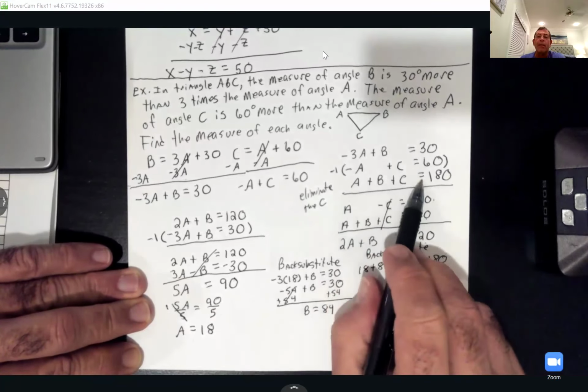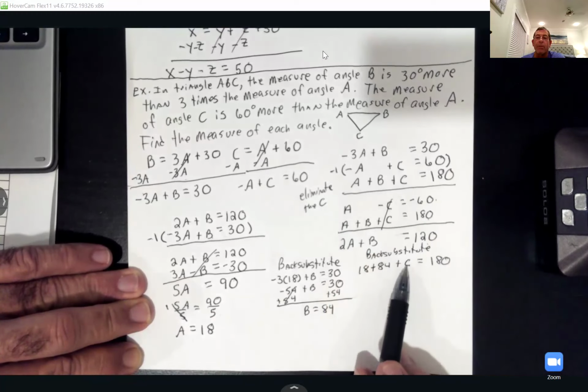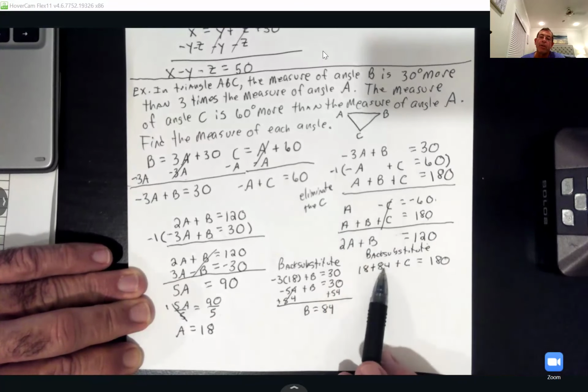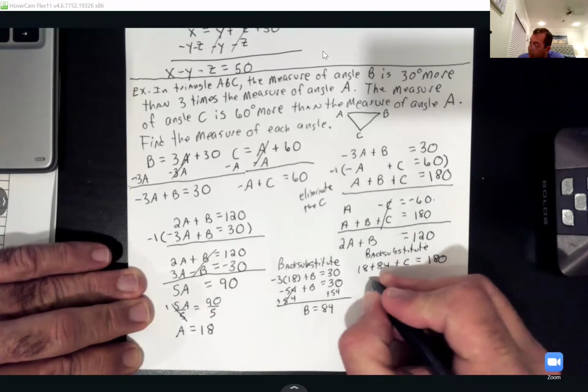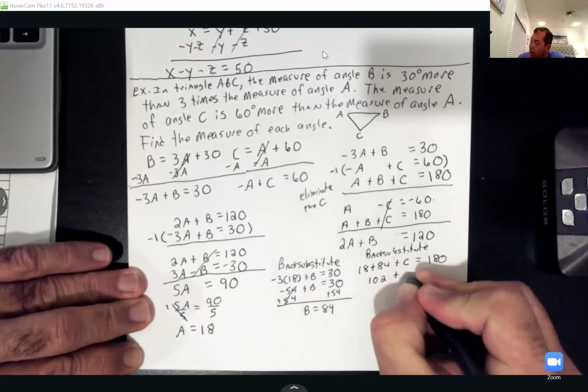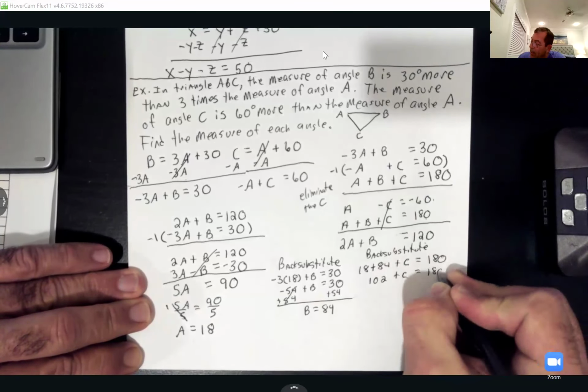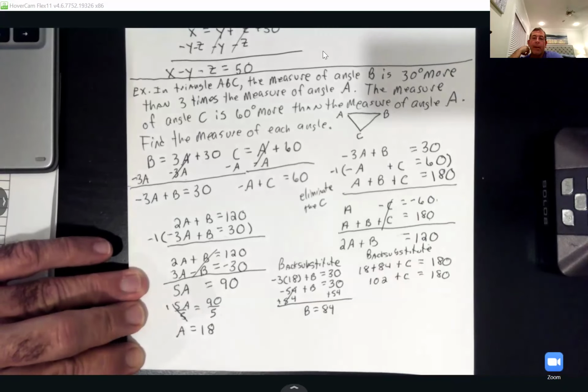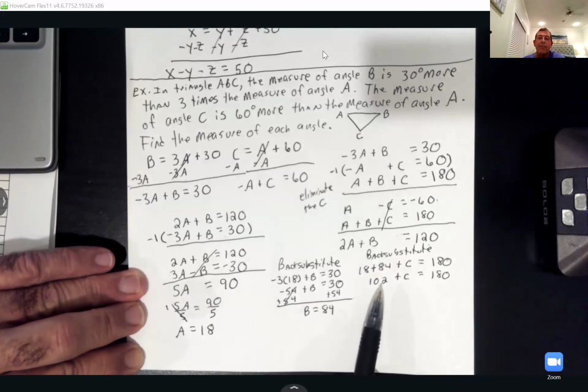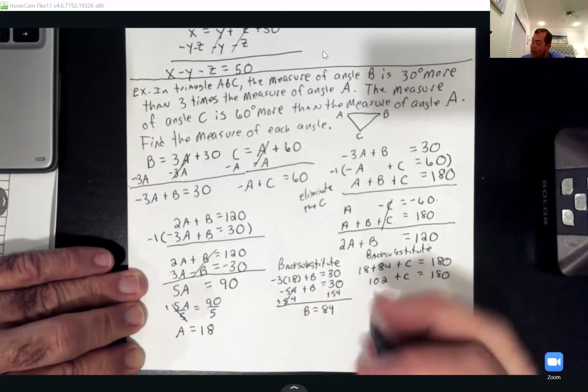So I'm just plugging into this one, and I'll solve this one for the C. So first we would add these together. 84 and 18 is 102 plus C equals 180. And y'all guess what? One more move, and that's to subtract the 102 from both sides.